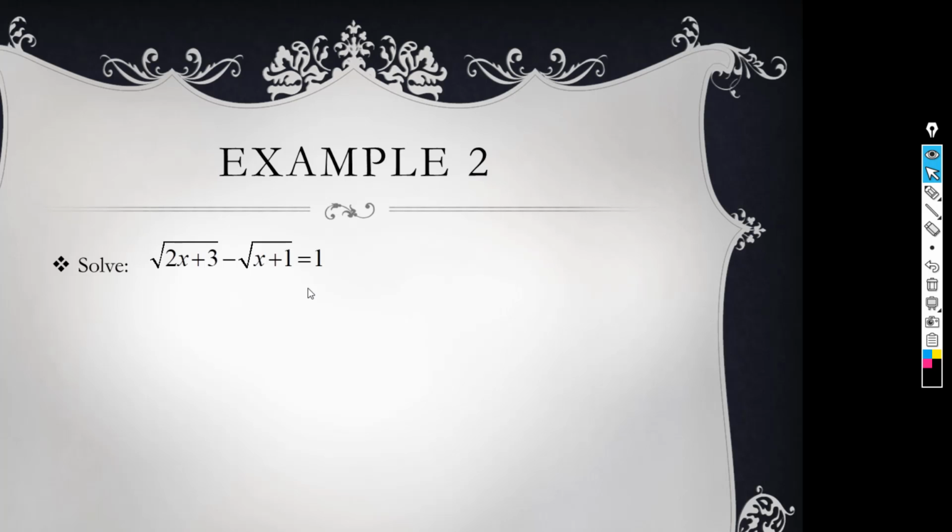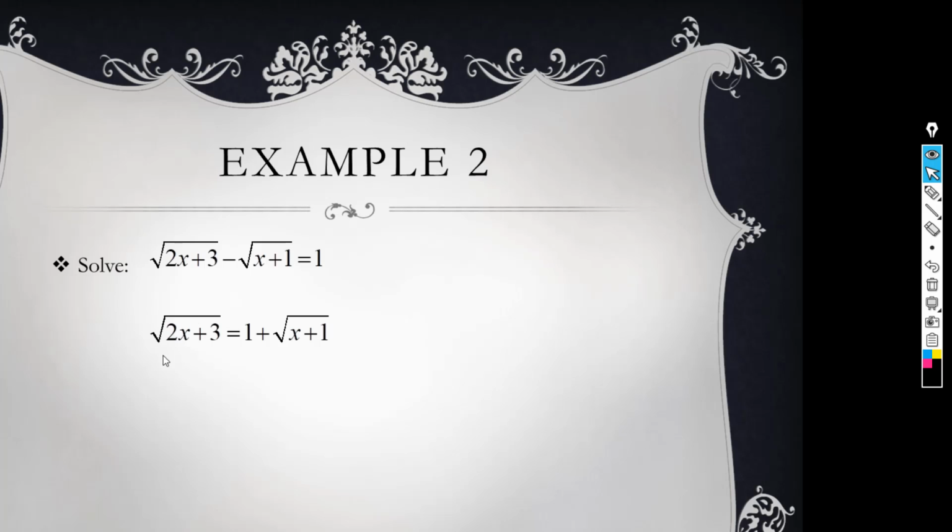I'm going to isolate the square root of 2x plus 3. So adding the square root of x plus 1 to both sides, basically I'm bringing this over to this side, I wind up with this.